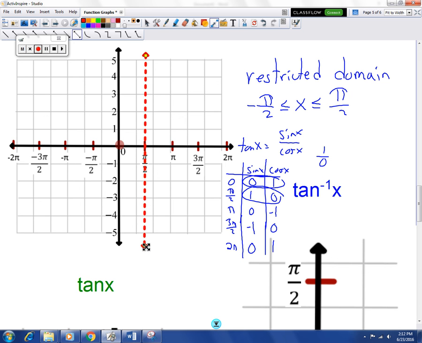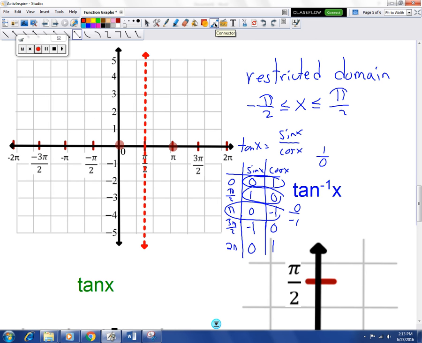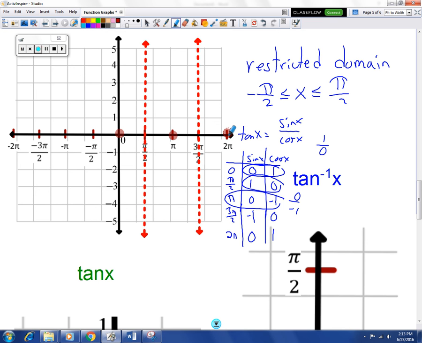The rest of it is pretty easy. Every other point is a 0. 0 divided by negative 1, that's a 0. The next point is going to be an asymptote, so at 3 pi over 2 there's another asymptote. Then at 2 pi, there's another point of 0. This is just a regular tangent.